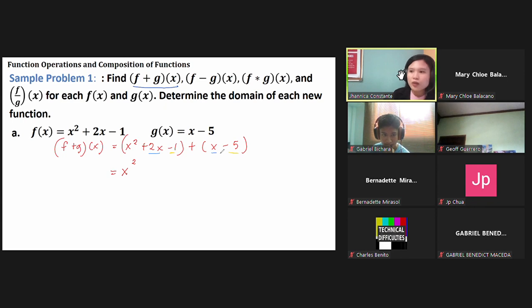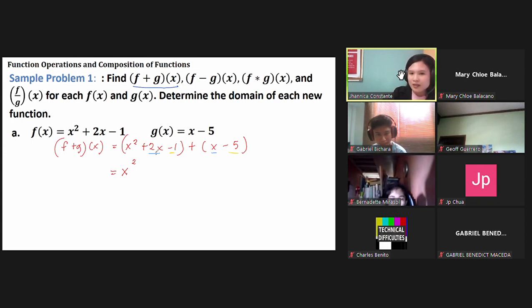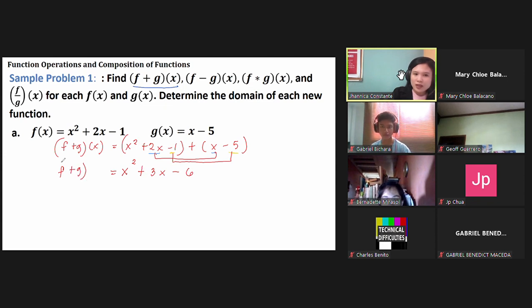Those are the like terms, so we are able to add those terms. So 2x plus x is equal to 3x, and negative 1 plus negative 5 is equal to negative 6. So that is the sum of the two functions f of x and g of x that we have.